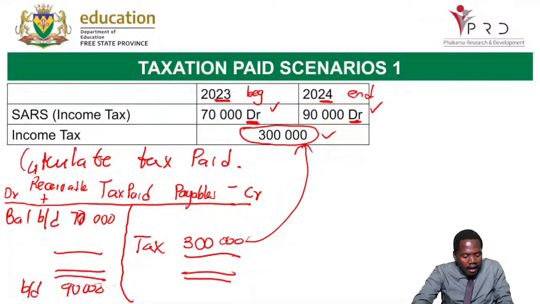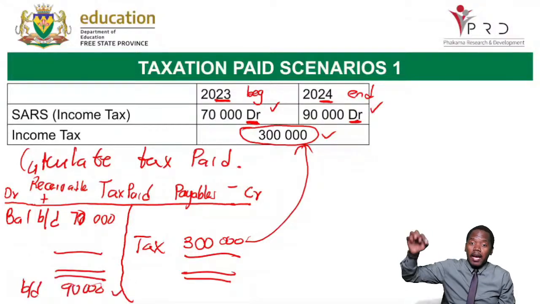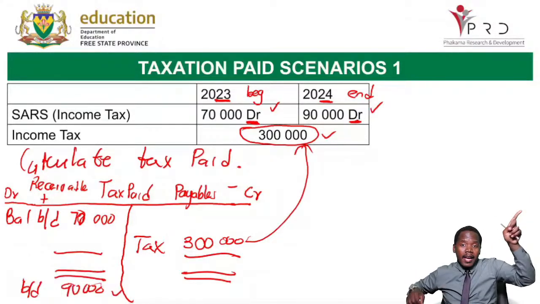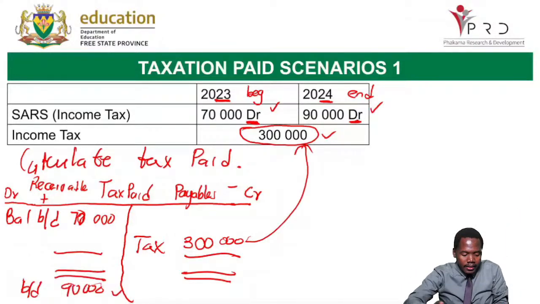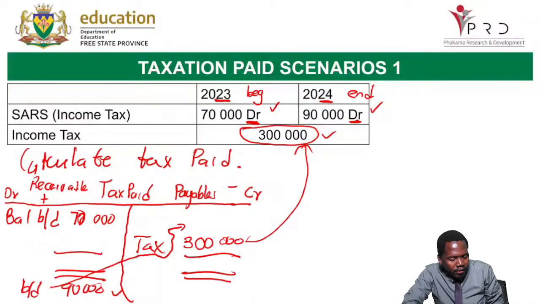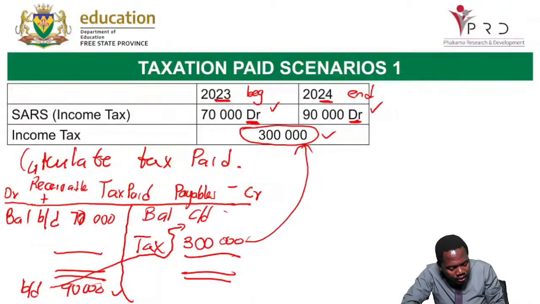If it's a debit here, where is it coming from? Obviously, if it's a debit on the credit side, a balance carried down must come from the debit side, right? Now, this balance, remember, it's coming from the top here. Okay? Now, this is my balance carried down. Or you can write it under the total tax paid. So it's 90,000.